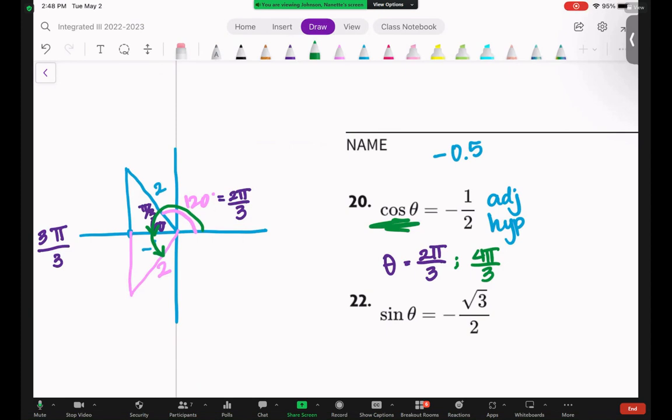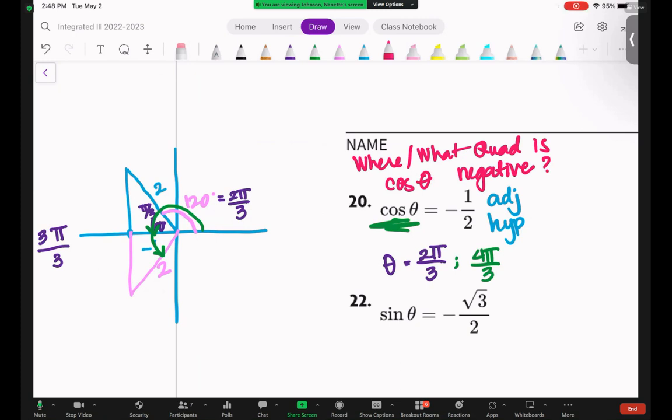So the question that you should be asking yourself here would be something along the lines of this: what quadrant is cosine negative? So let's write the word. Right? Where is it negative?